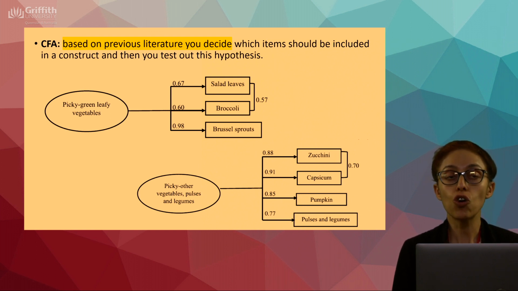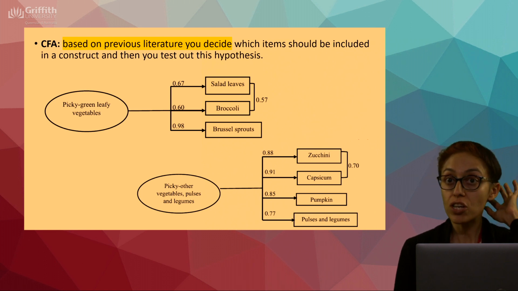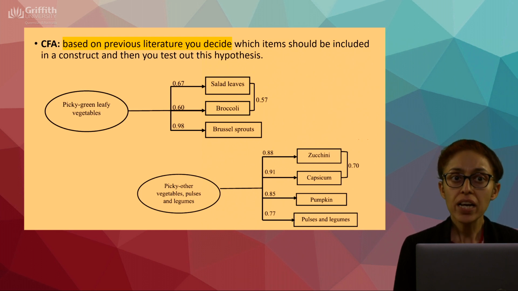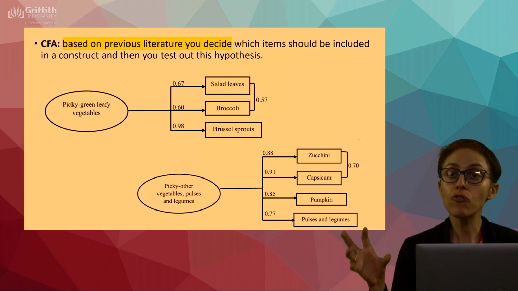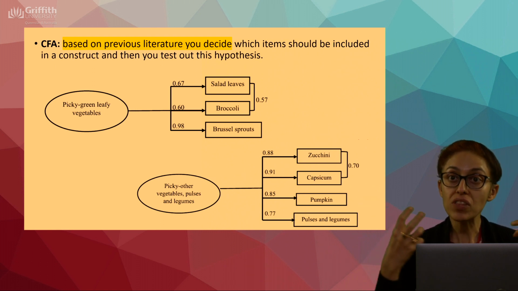You do confirmatory factor analysis when you have an underlying hypothesis of which items should go well together. So for example, if you have a quality of life questionnaire and you know that a person's quality of life is determined by their emotional health, by their physical health such as physical activity, by their dietary choices. You have literature telling you that there are these different domains of quality of life, and you should develop questions in each of these domains.